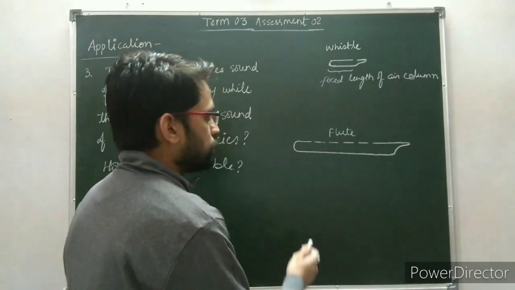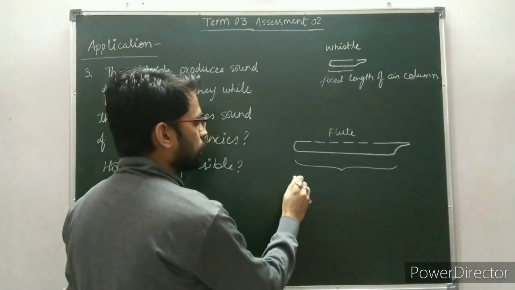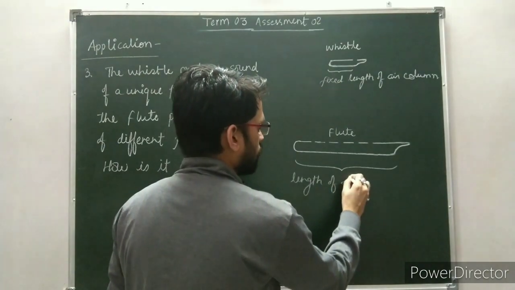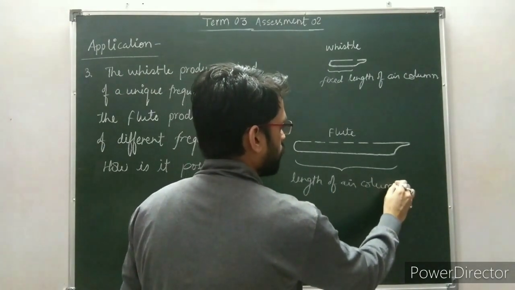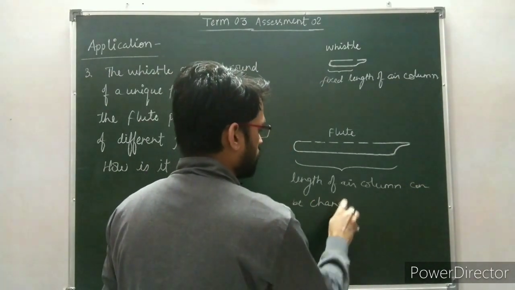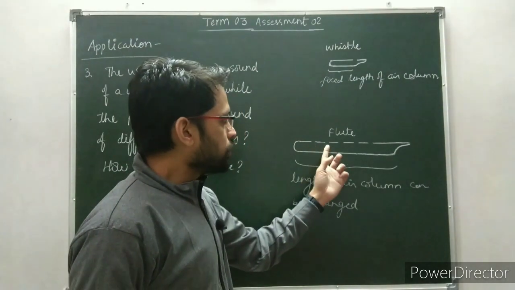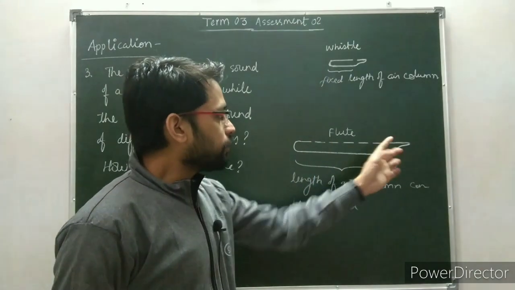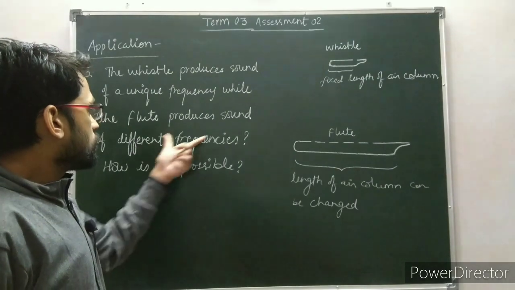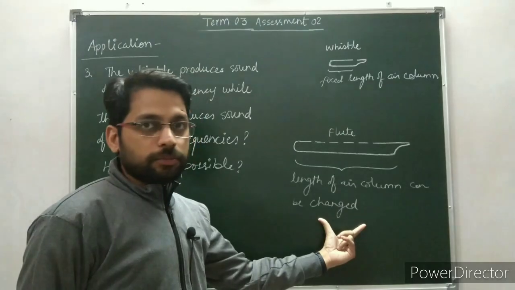So the length of the air column can be changed in the flute by closing the holes or openings given in the flute. That's why we can produce sound of different frequencies by changing the length of the air column.